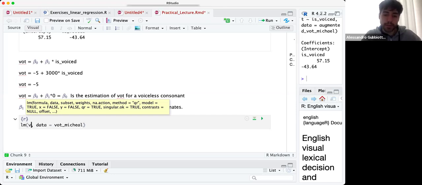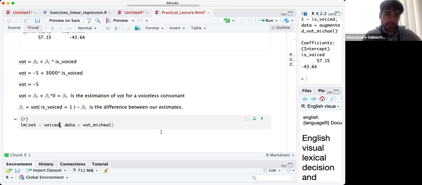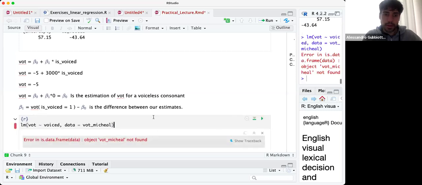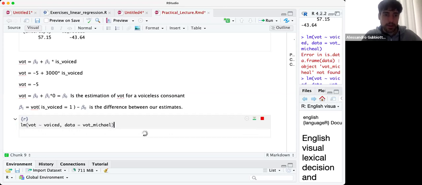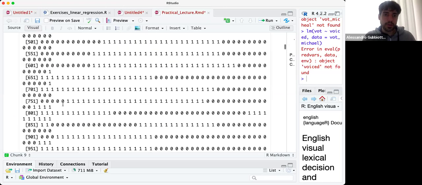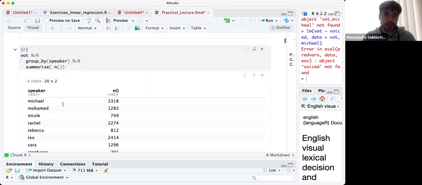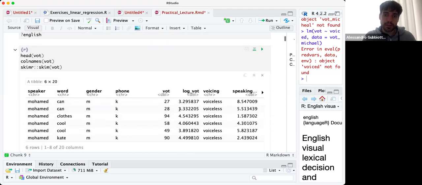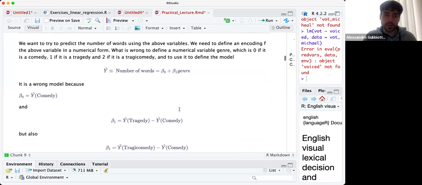So we can try to predict the vocal onset time using the, what was it called, the voice variable. Voice not found. What was it called? Voicing. Okay, the column was called voicing.